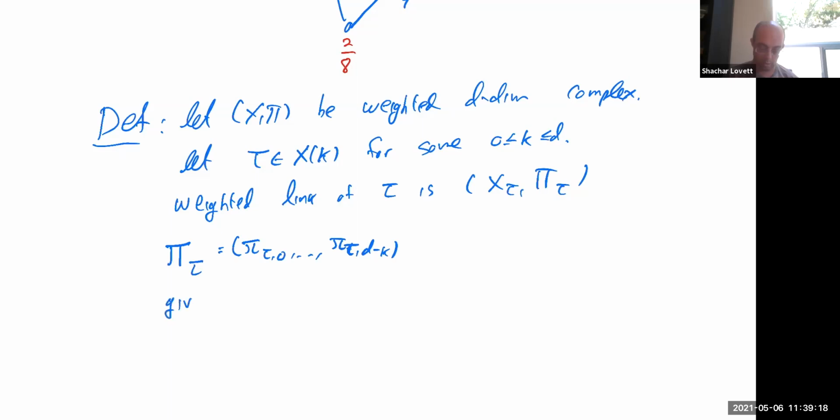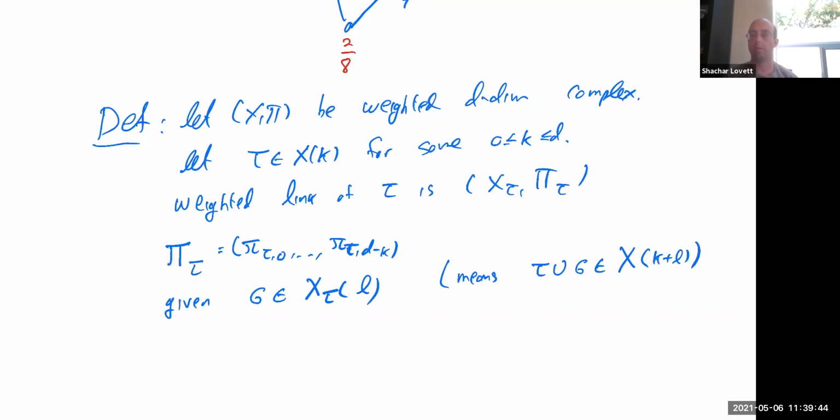And given some face, let's say sigma in X_tau(L), so sigma is of size L. Just to remind you, this means that tau union sigma is in X(k plus L), right? An L-face in the link of tau corresponds to a (k plus L)-face in the original complex. Just to make sure that this definition makes sense to you.